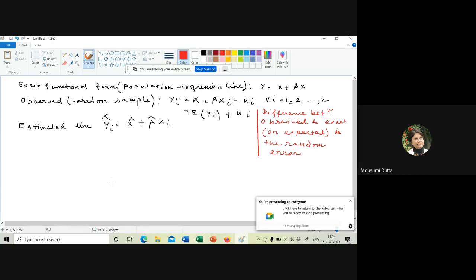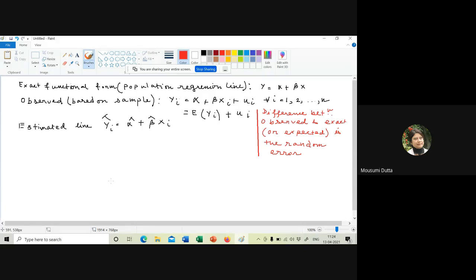So we have one exact functional form. This exact functional form sometimes is called the population regression line. Exact functional form means what theoretically we are framing or what we have in our mind: the relation between price and demand, the relation between rate of interest and investment, the relation between consumption and income.